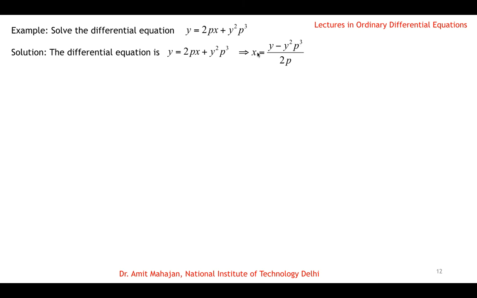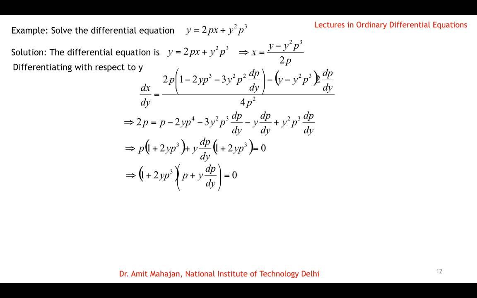Now because x is separated from y and p, we can differentiate this whole equation with respect to y. If we differentiate with respect to y, the left hand side is dx by dy, and on the right hand side we have to apply the quotient rule: the denominator times the derivative of the numerator minus the numerator times the derivative of the denominator, divided by the denominator square, so 4p square.